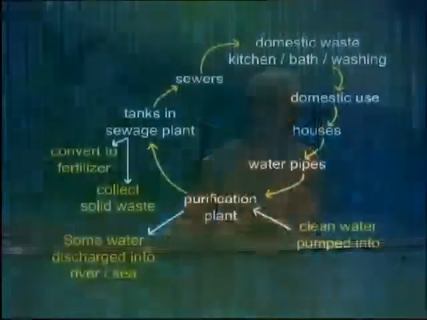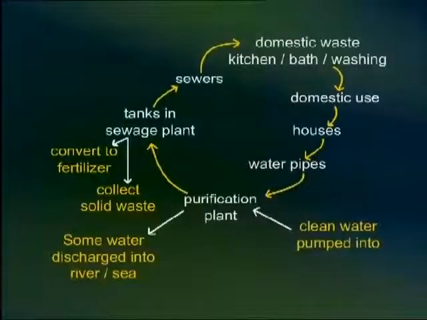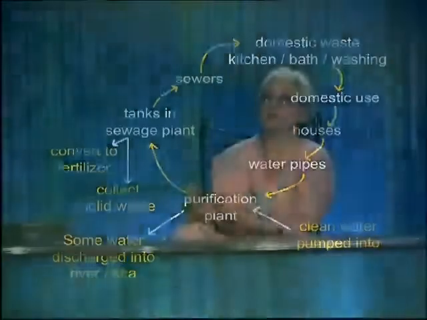I have already mentioned to you what the diagram is about. If you look at that diagram, I know it's not exactly cyclic, but it is moving around in the form of a circle. It talks about domestic waste, water from the kitchen, water from washing, water from the bath, water from the WC, the water closet.